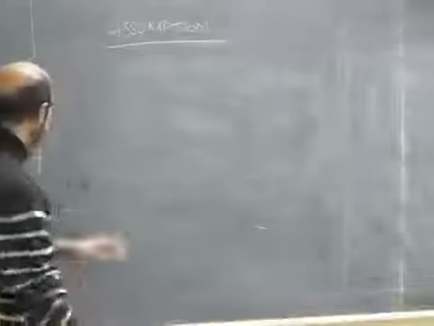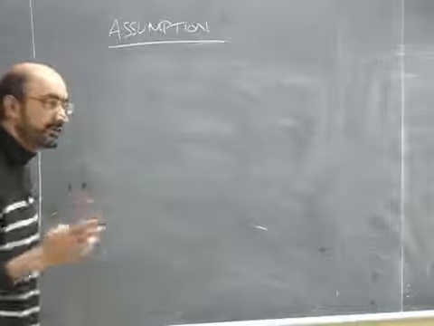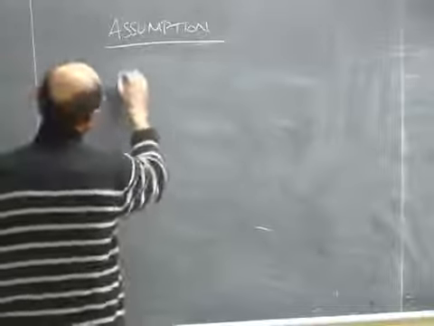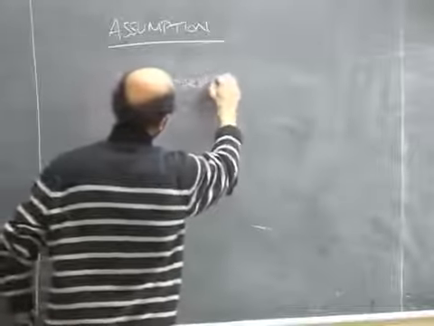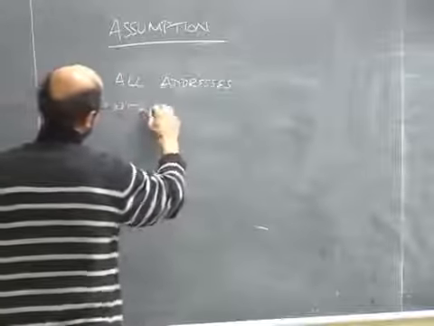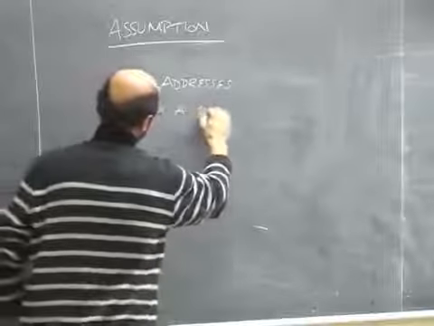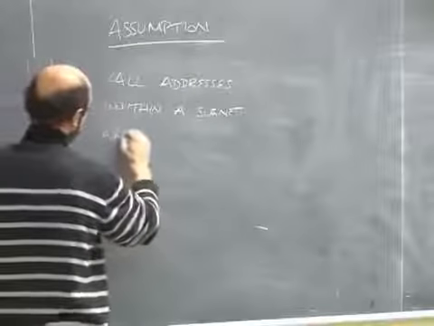And so let me show you how to do that. Let's think about the big concepts here. I'm going to make an assumption: that all addresses within a subnet are mutually reachable.